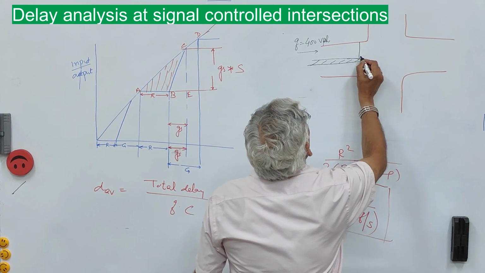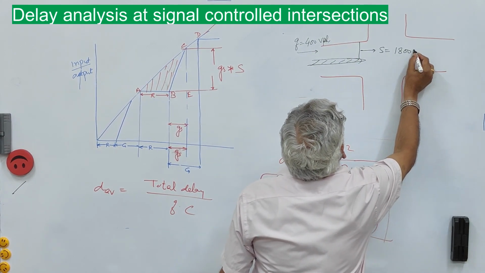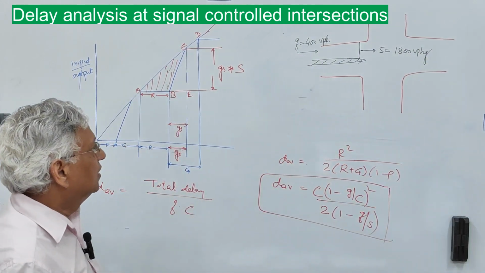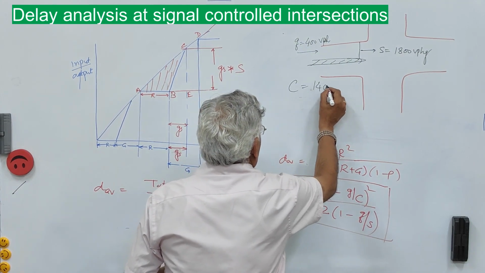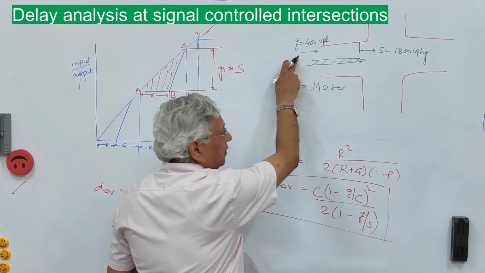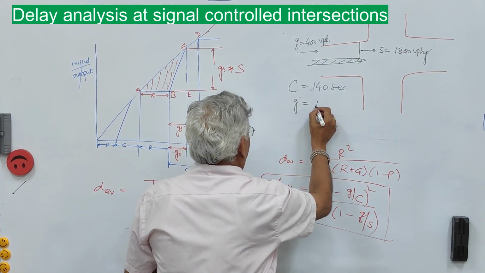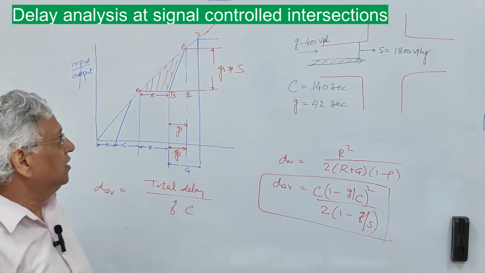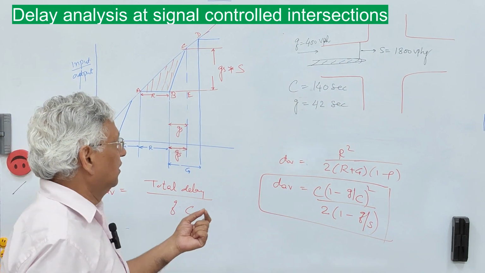The departure from the stop line, S, is 1800 vehicles per hour of green. Cycle length is 140 seconds, and the green time allocated to this phase is, let us say, 42 seconds. What is the average delay to an individual vehicle?